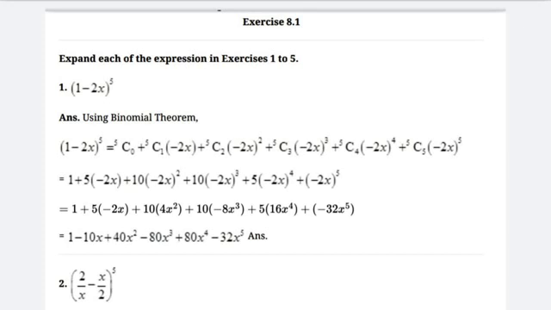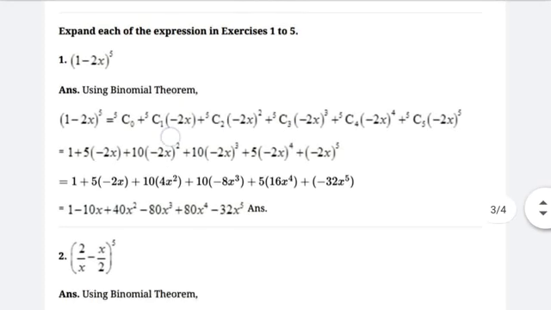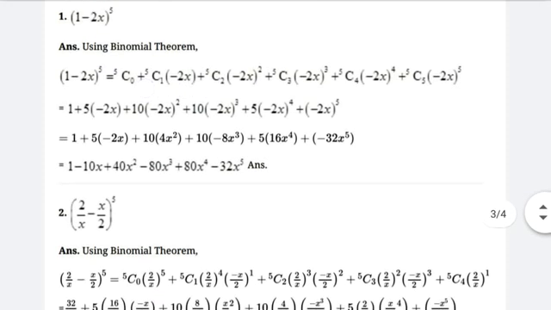First is 5C0 + 5C1(-2x) + 5C2(-2x)^2 + 5C3(-2x)^3 + 5C4(-2x)^4 and 5C5(-2x)^5. This is the expansion. Here the power is 5, so basically 6 terms are there.